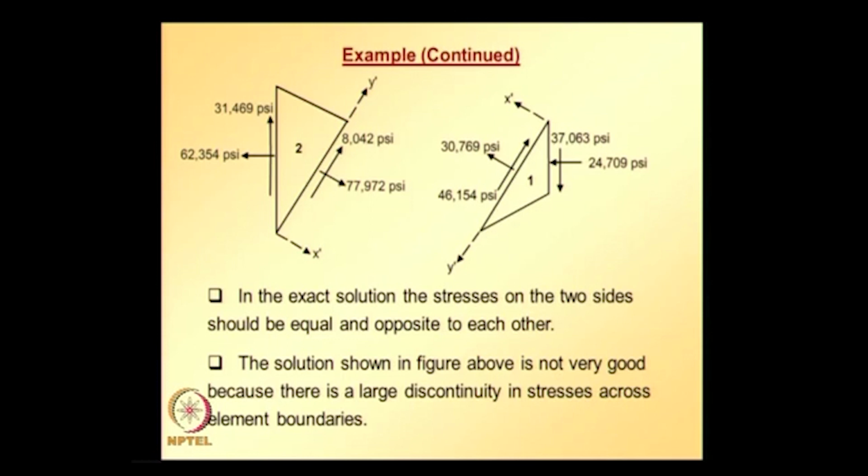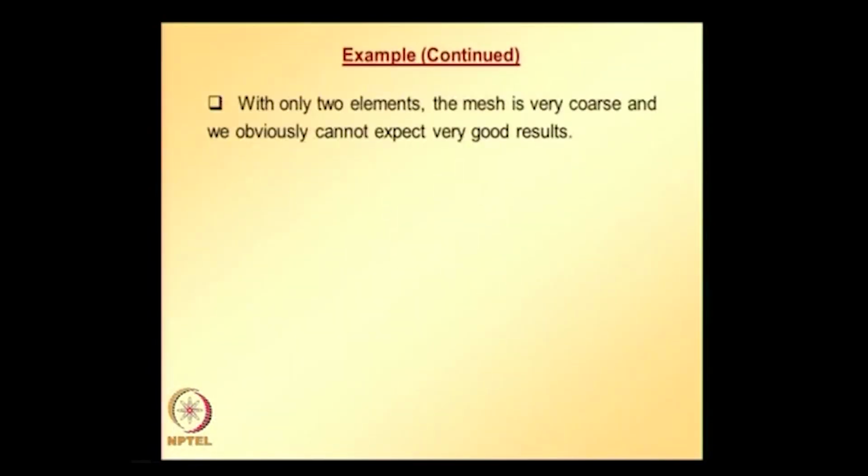That means the discretization adopted for solving this cantilever plate is not enough. With only two elements, the mesh is very coarse and we obviously cannot expect very good results.